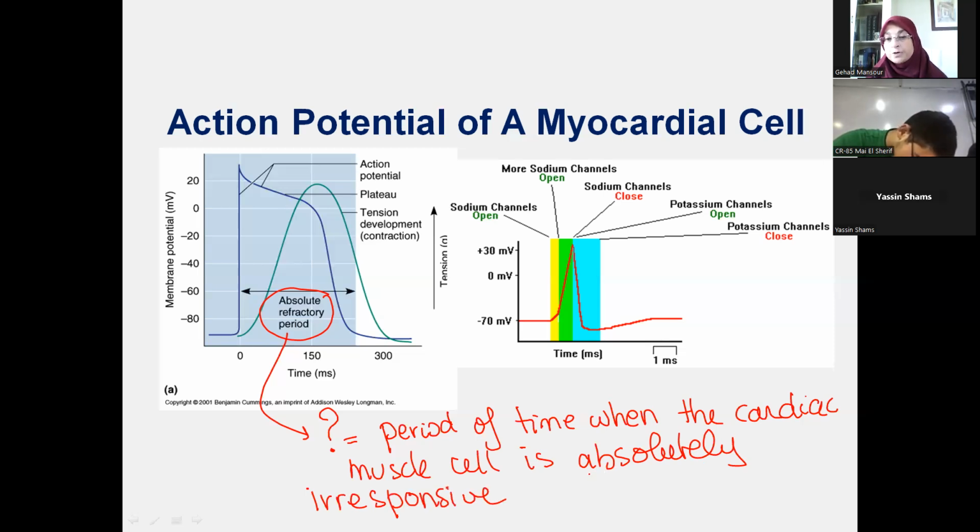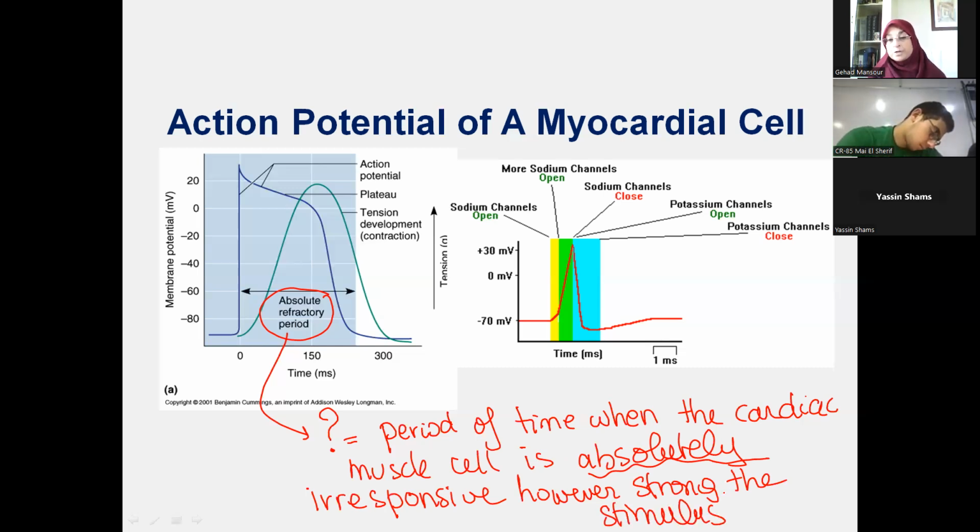And in order to further explain what absolutely means, we will add it is absolutely irresponsive, however strong the stimulus that is applied. It doesn't make any difference. I am irresponsive, I'll not respond whether the stimulus is weak or strong.